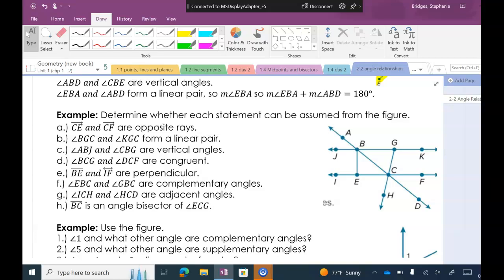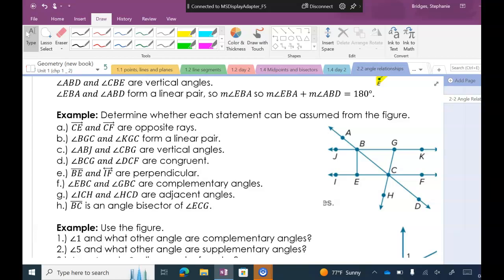Okay, answering questions A through H. Yes or no? Yes, I can assume it. No, I cannot. Again, above that, it tells you what we can assume. We can assume points of intersection. We can assume linear pairs because we can see it in the picture. We can assume vertical angles because, again, we can see those in the pictures. What we can't assume is a right angle unless I have a marking.